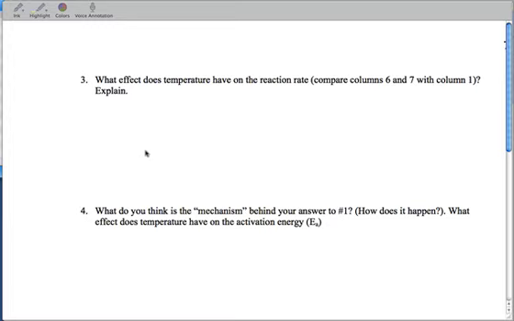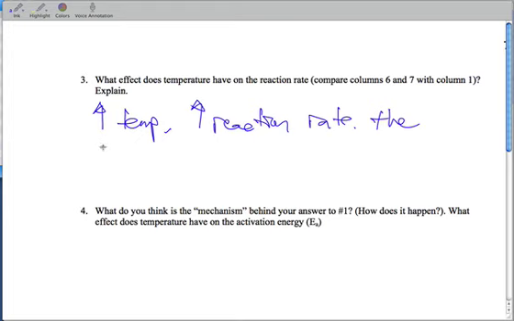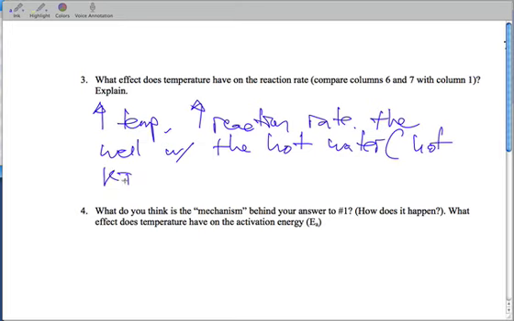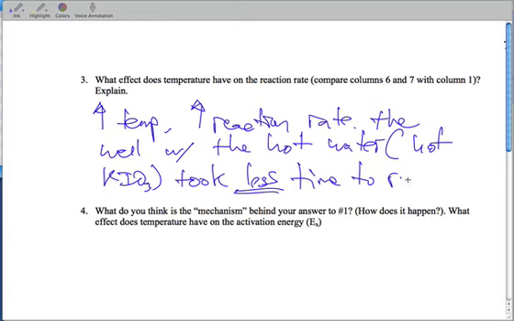All right, number 2. What effect does temperature have on the reaction rate? Okay, so we could simply say in this one that as we increase temperature, we increased reaction rate. Well, with the hot water, or actually that was the hot KIO3, took less time to react.